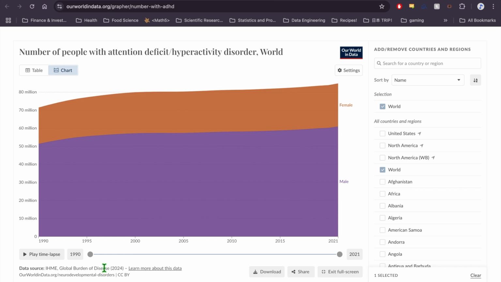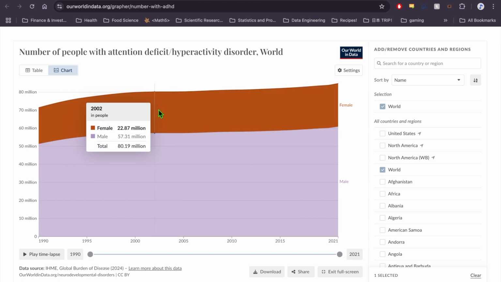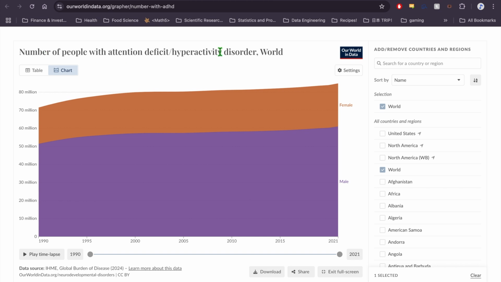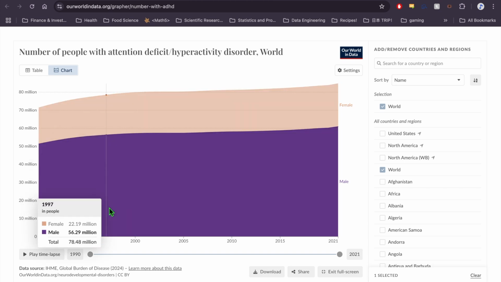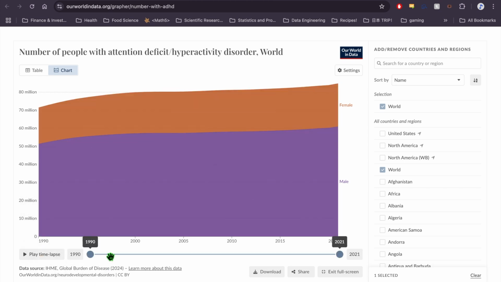Step two, what is the graph title? Step three, what is the scale of the x-axis and what is the variable? And step four, what is the y-axis measuring?